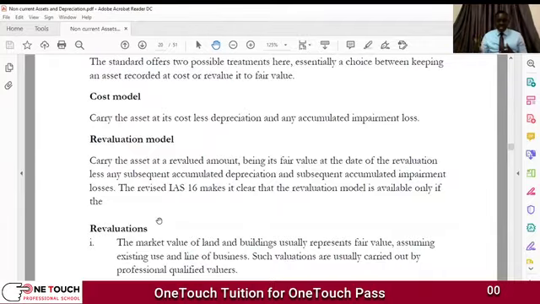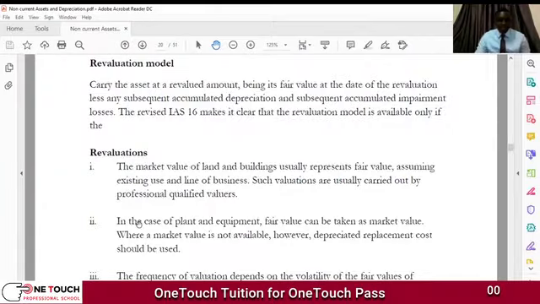The revised IAS 16 makes it clear that the revaluation model is available only if the market value of land and buildings usually represents fair value, assuming existing use and line of business.